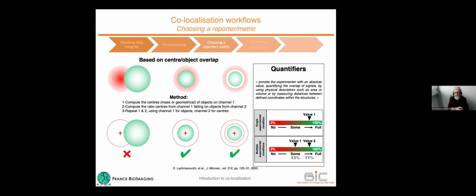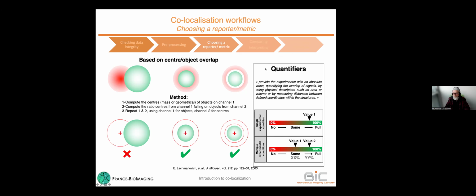So you see, it's important to have in mind how the metrics are working and adapt the picking of the metric depending on what you want to see, or even try to imagine new metrics, because this is a counter example for colocalization, but a really good example about co-distribution.